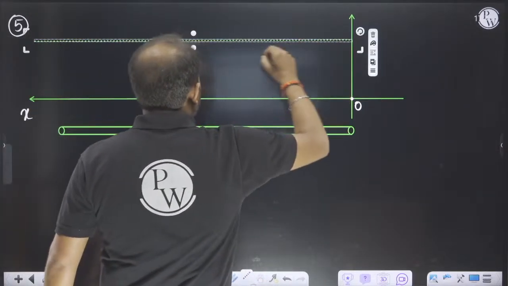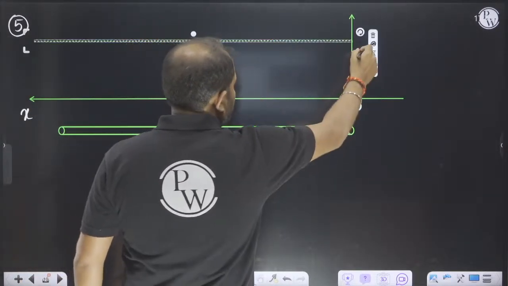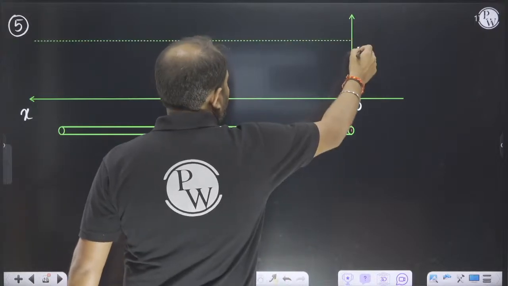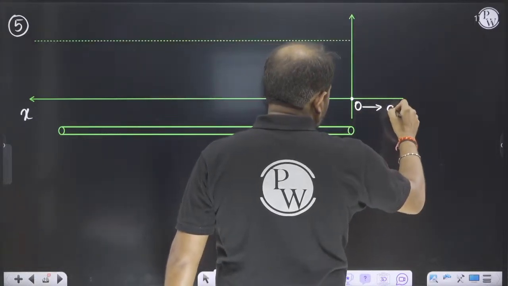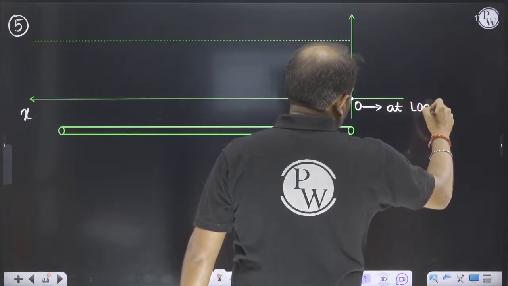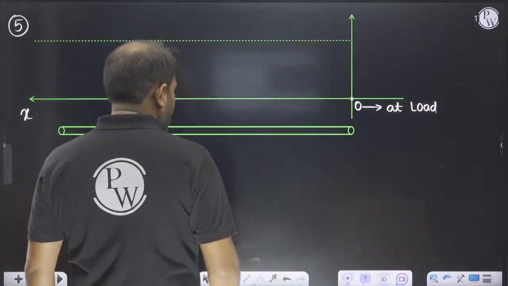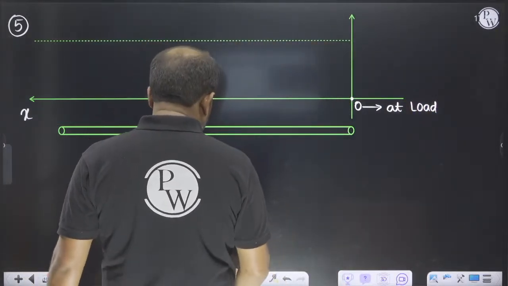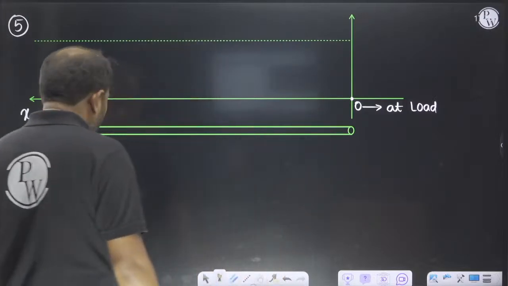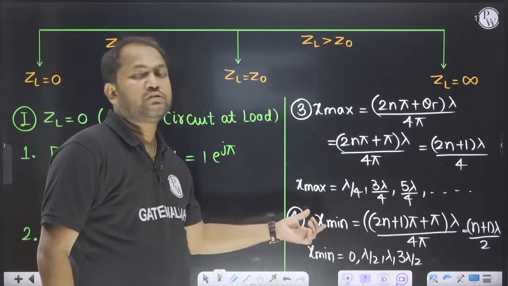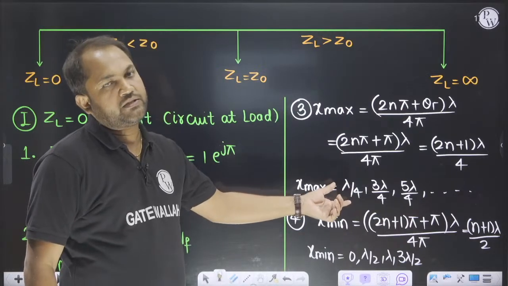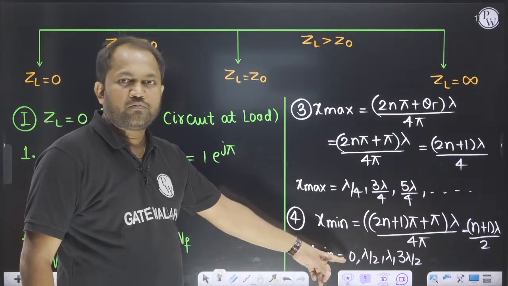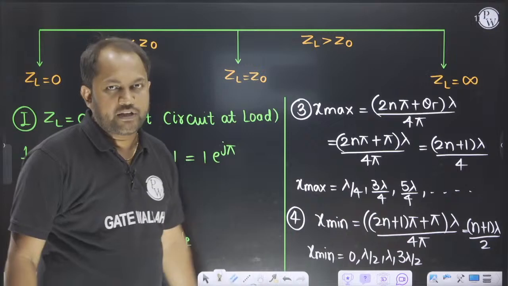So this is our location of x. This x means at load. At load, x is equal to 0, there is minima, and x is equal to lambda by 4, there is maxima. So at load minima, at lambda by 4 maxima.